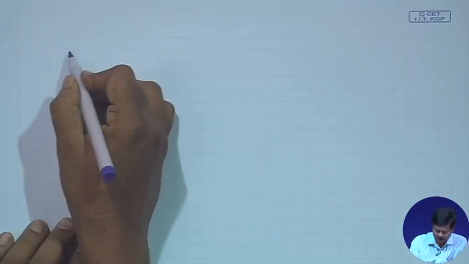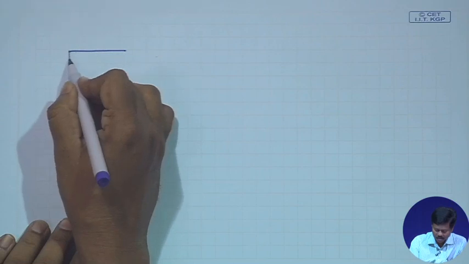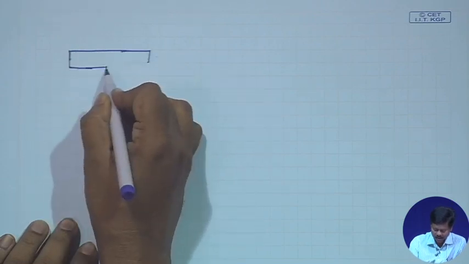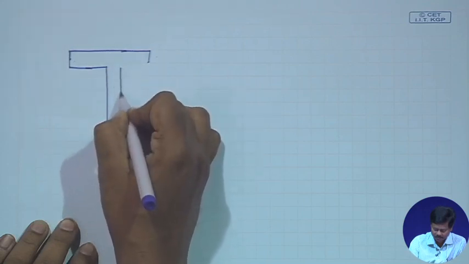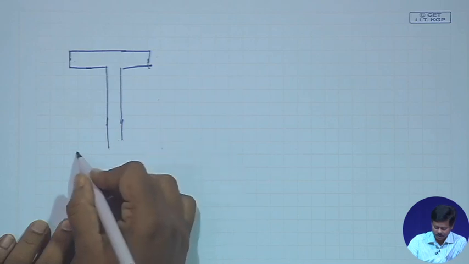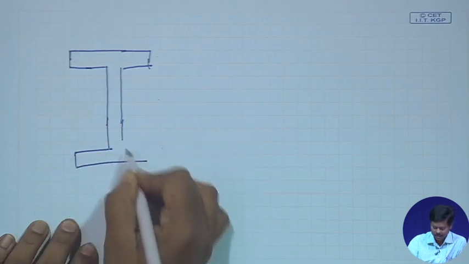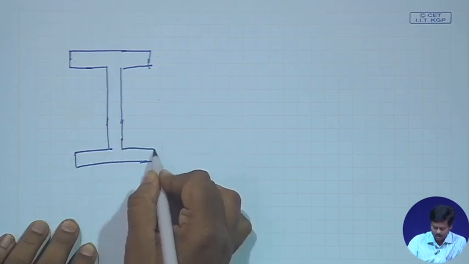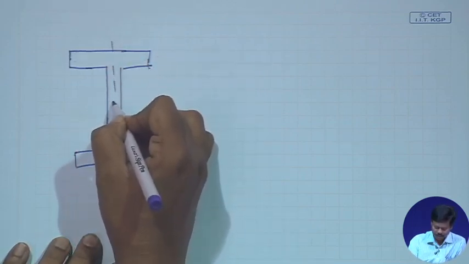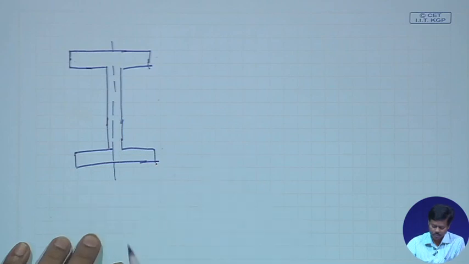So, for Z p y, again let us draw the diagram and let us try to find out the area and its C g distance. So, this is the I section, and now about y y we have to find out, right.